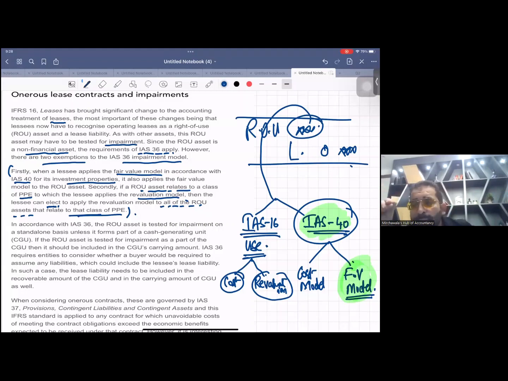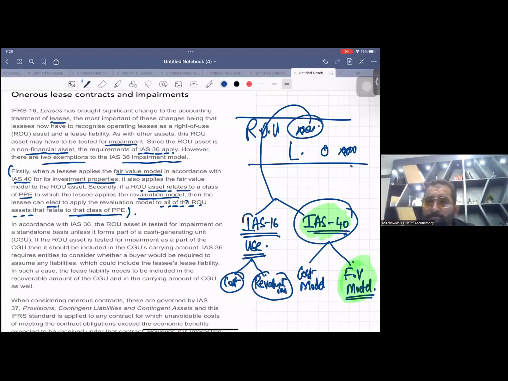So now if you are applying the revaluation model, again you can skip impairment accounting, because they say in revaluation you have to bring it to fair value. And when you bring it to fair value, automatic impairment will be done. That's their science here. That's their argument here.